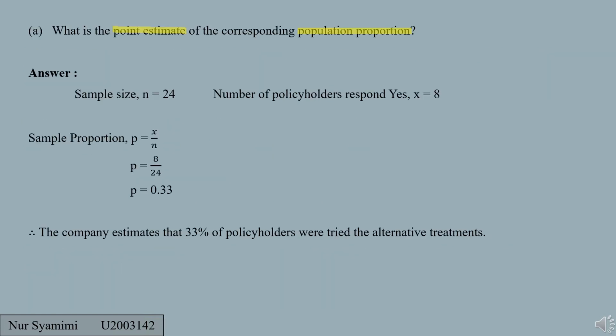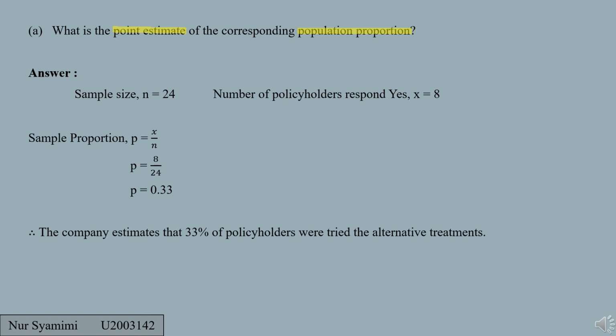5A, what is the point estimate of the corresponding population proportion? So we know that a point estimate is something that we can derive from the sample. To find the answer, we need to use the sample proportion formula, which is P equals X divided by N, where P stands for sample proportion, X stands for the number of policyholders who responded yes, and N stands for sample size.